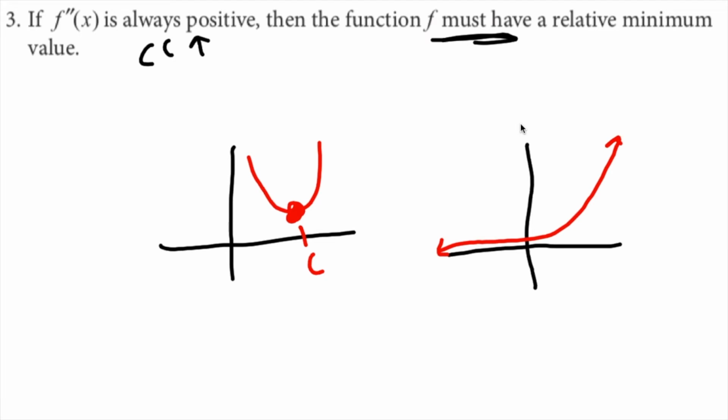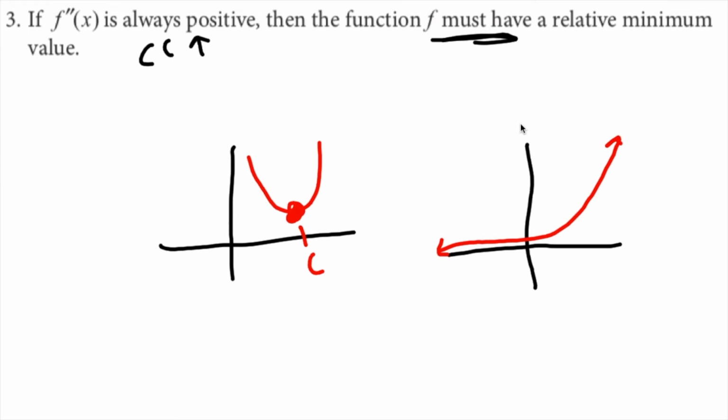But if we have an exponential function like this, it is concave up everywhere. The second derivative is always positive. But this does not have a relative min because it's continuing to get smaller. It's never going to reach 0, but it continues to get closer to 0.